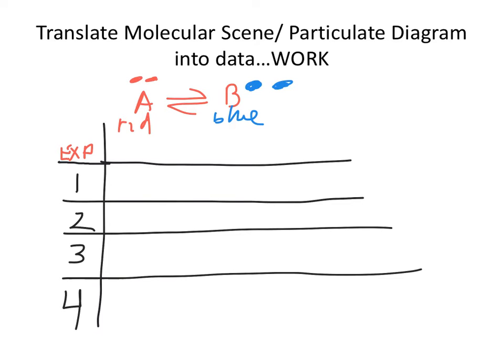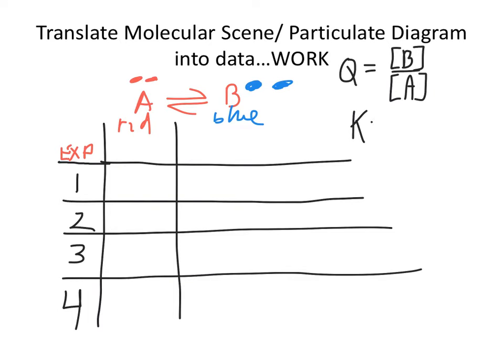We're going to have to analyze the data. We are going to want to compare, so Q in this case is a concentration of B over A. And they also tell us in the problem that the equilibrium concentrations were found to be this.